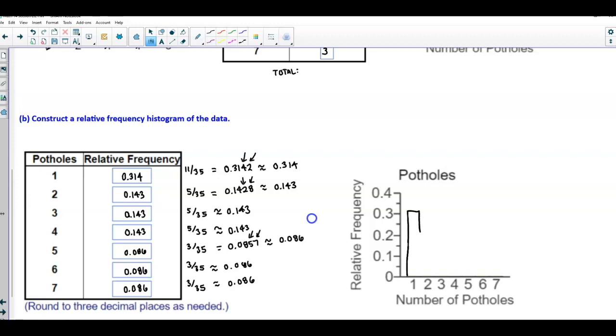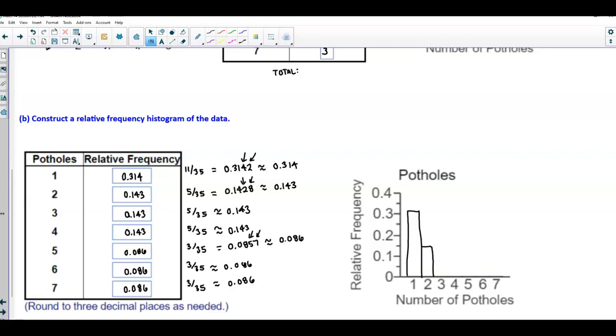For 2, 0.14 is about in between 0.1 and 0.2, just right below the 0.15 mark.